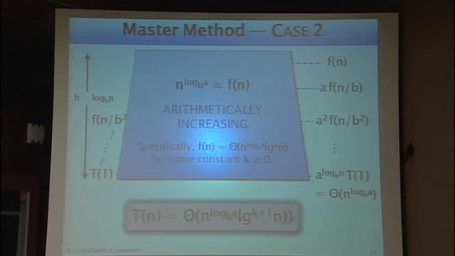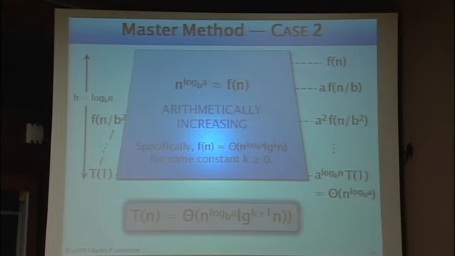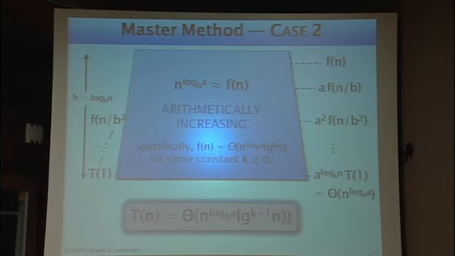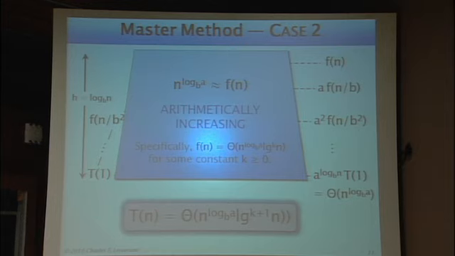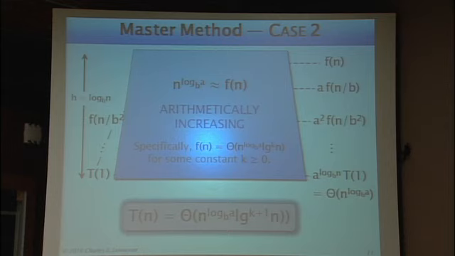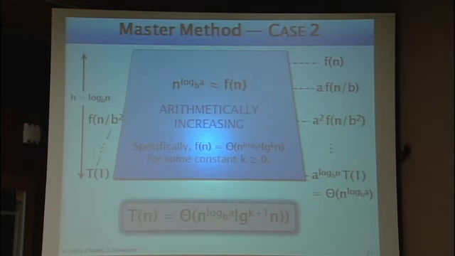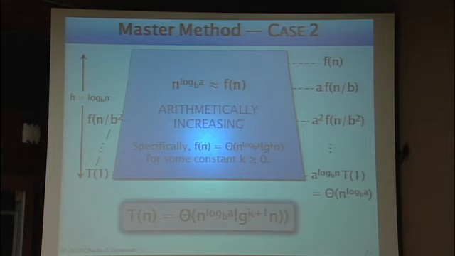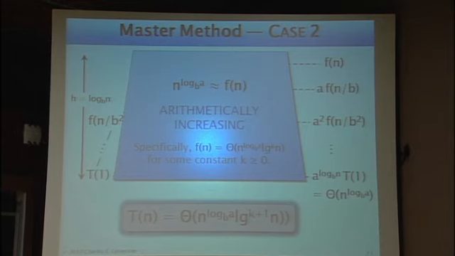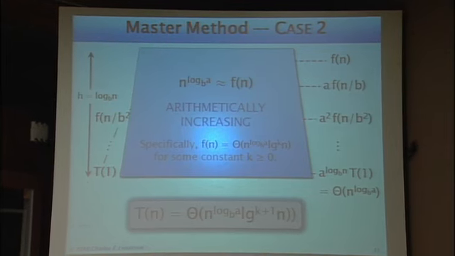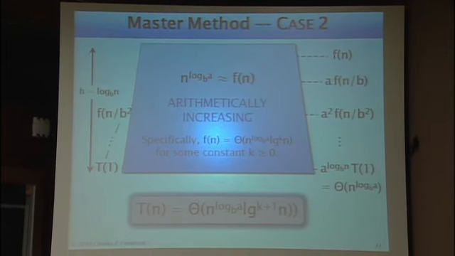If you're adding the terms of, say, i squared, the result is i cubed. If you have a summation from i equals 1 to n of i squared, the result is proportional to n cubed. And similarly, if it's i to any k, the result is going to be n to the k plus 1. And that's basically what's going on here.